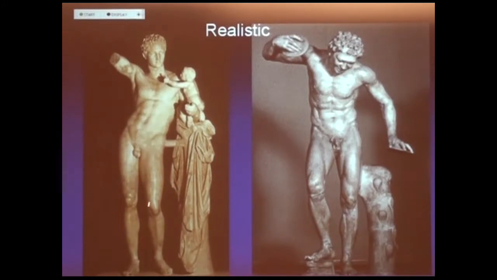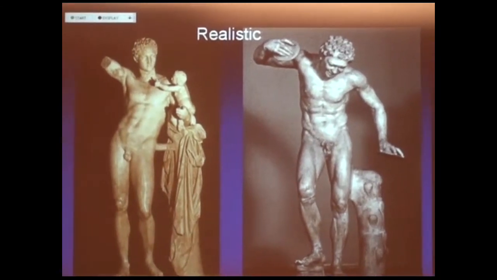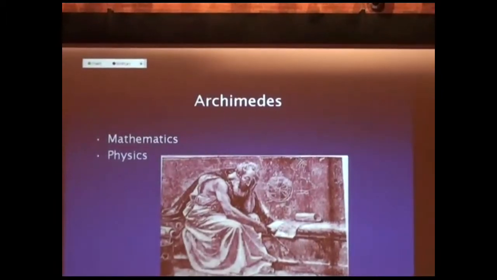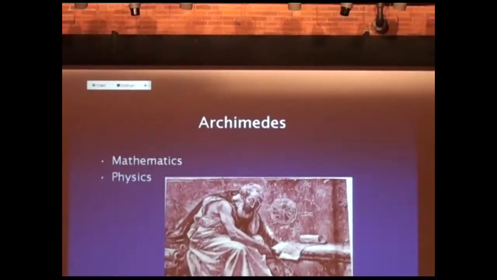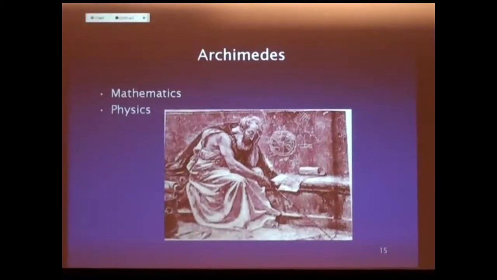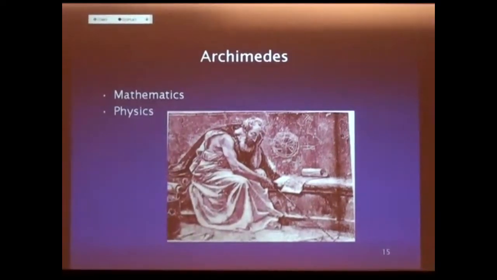Or this guy Hermes, who's holding a bunch of grapes, and the famous story is that he's holding Dionysus in his other hand. And in fact, these grapes are so realistic that Dionysus wants to reach out and grab them. Of course, somebody has cut off his hand and the grapes are gone. All right? So anyway, I just want to emphasize the importance of this transformation from idealism to realism.